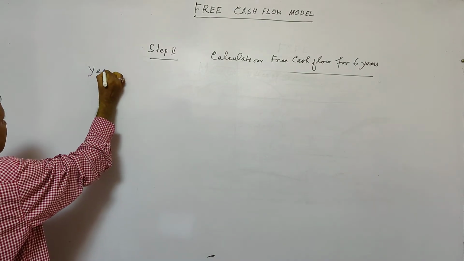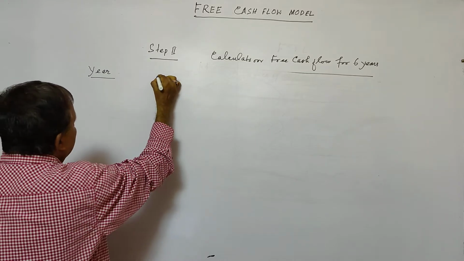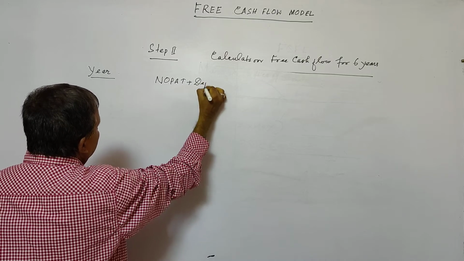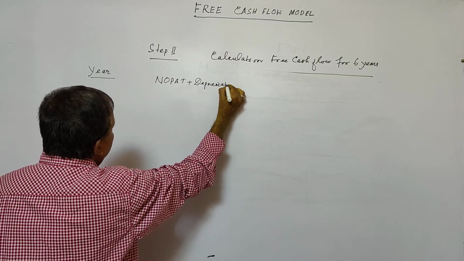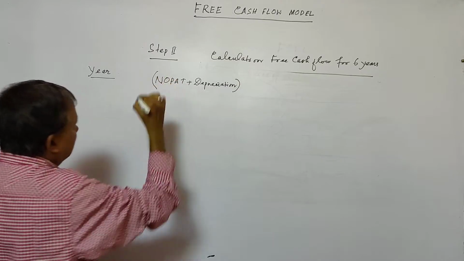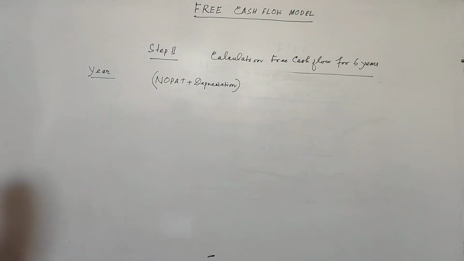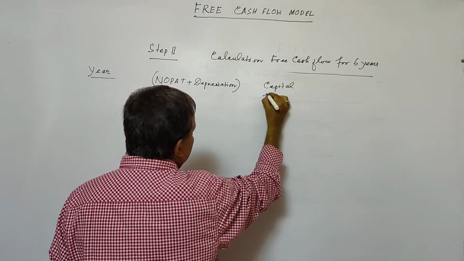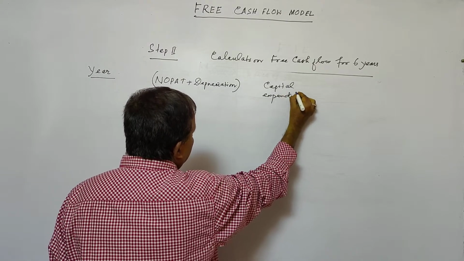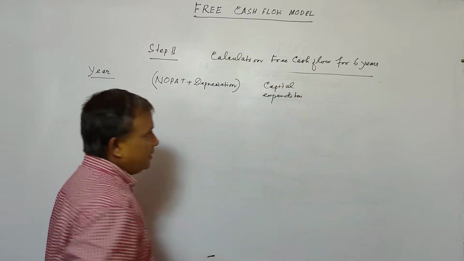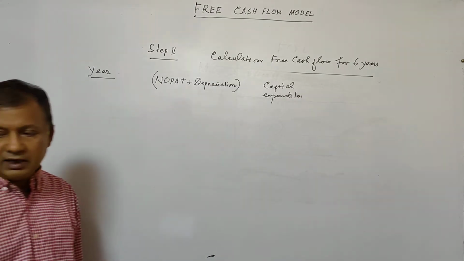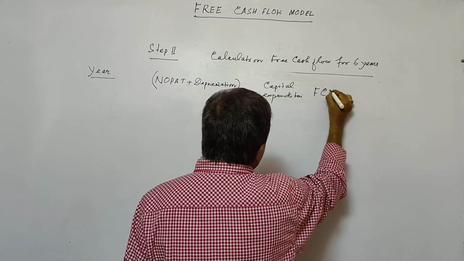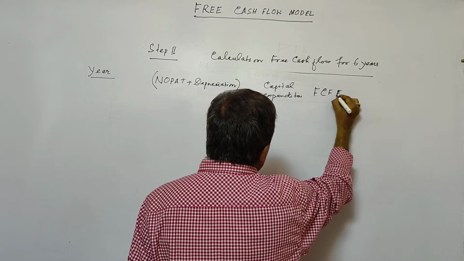That is our year. Depreciation added, then comes the capital expenditure, then comes the free cash flow, the free cash flow to equity shareholders.